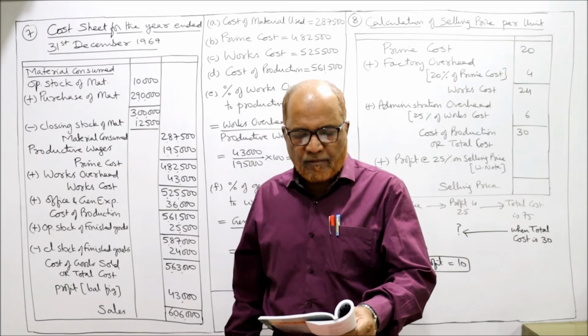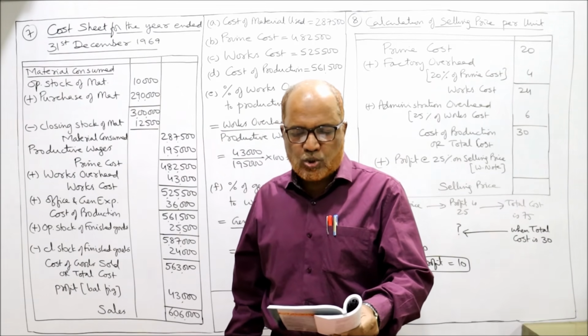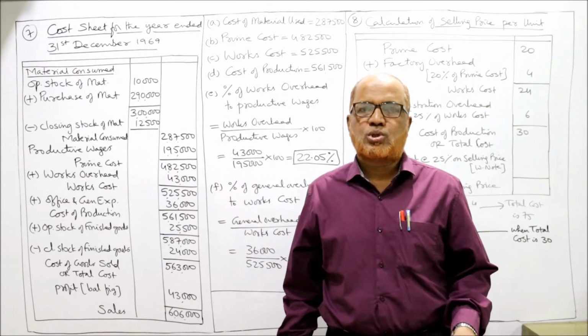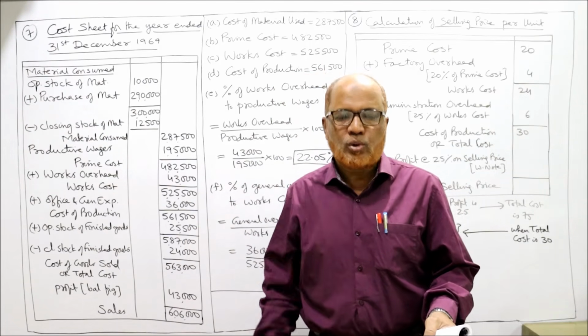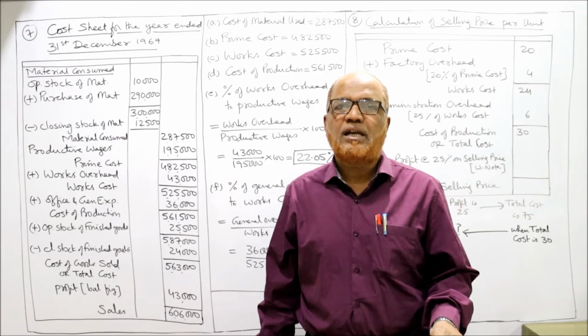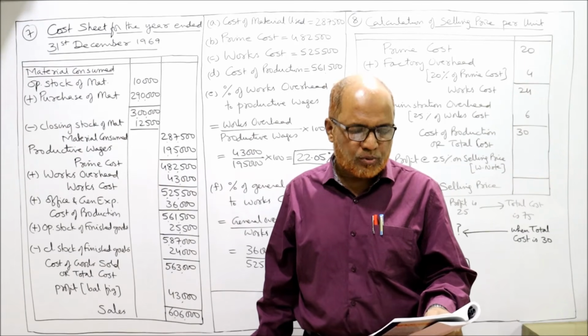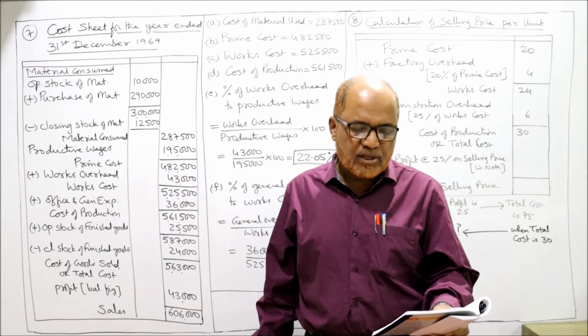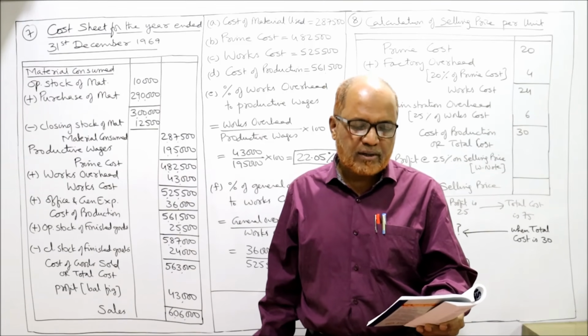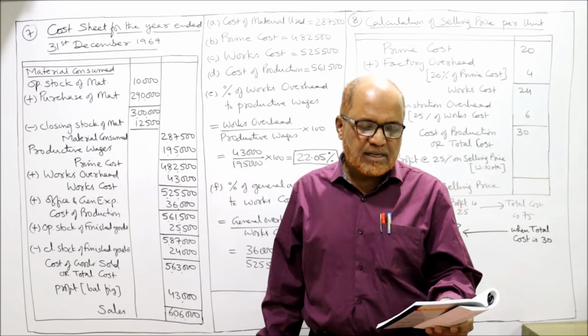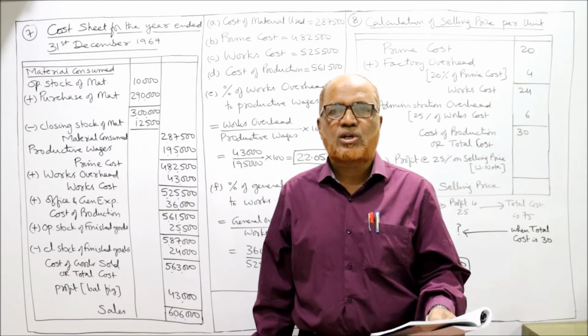See the 7th problem. From the following particulars, prepare a cost sheet showing cost of material used. So we have to make a cost sheet in which we show the cost of material consumed, prime cost, works cost, cost of production, percentage of works overhead to productive wages, and percentage of general overheads to works cost.